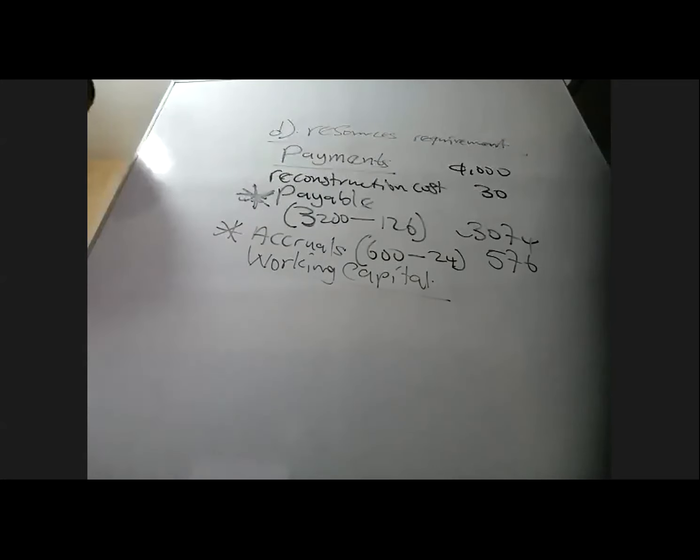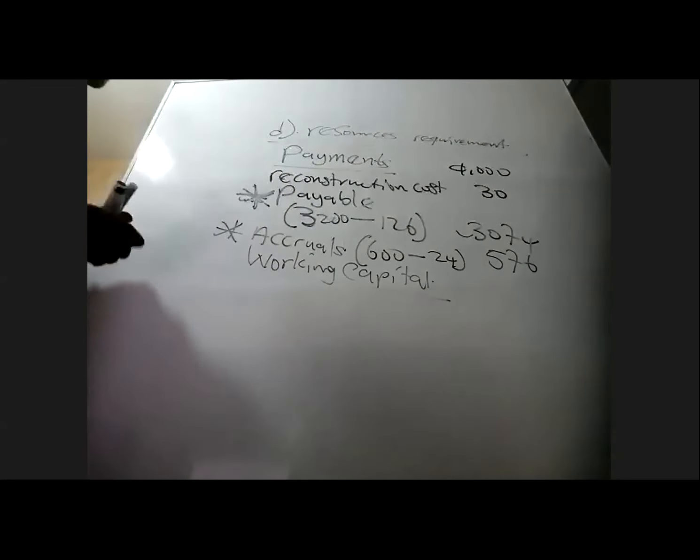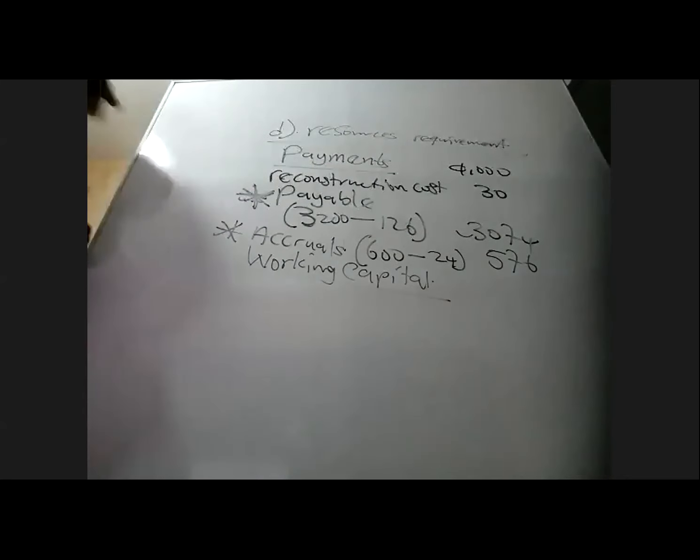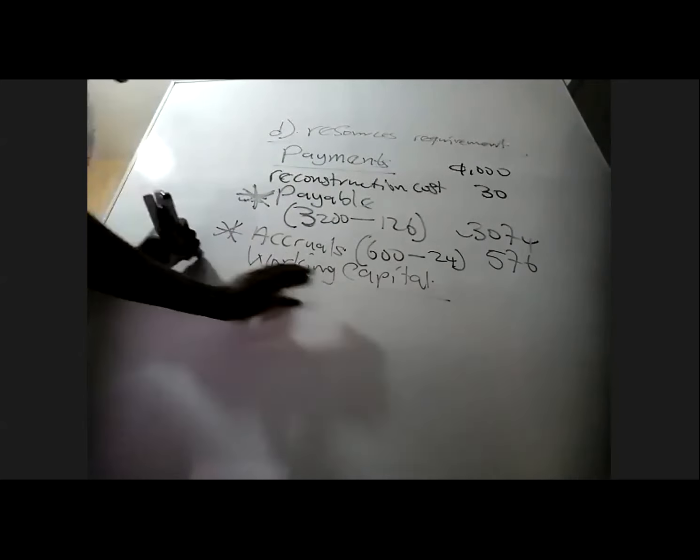Now, what we do is we go and calculate the new current assets of the business and compare it with the new current liability of the business. Make sure that the current assets are twice the current liability. You are done.